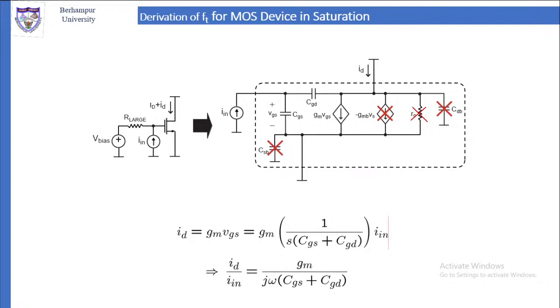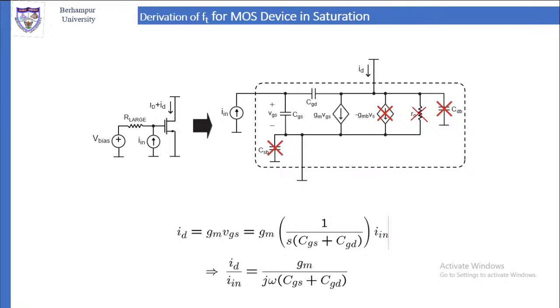So id is equal to GM into VGS, that is the current source, and it is dependent on VGS, which is the biasing voltage. Now find out what is VGS. From the circuit you can find out VGS.